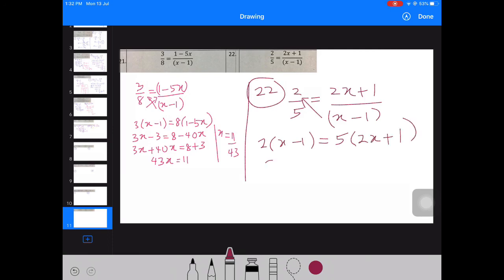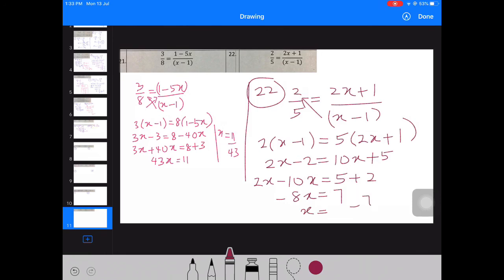Then expand the bracket, it becomes 2x minus 2 equals to 10x plus 5. After that, we can group the like terms. So 2x minus 10x equals to 5 plus 2. So negative 8x equals to 7. x equals to negative 7 over 8. That's all. Okay. Thank you.